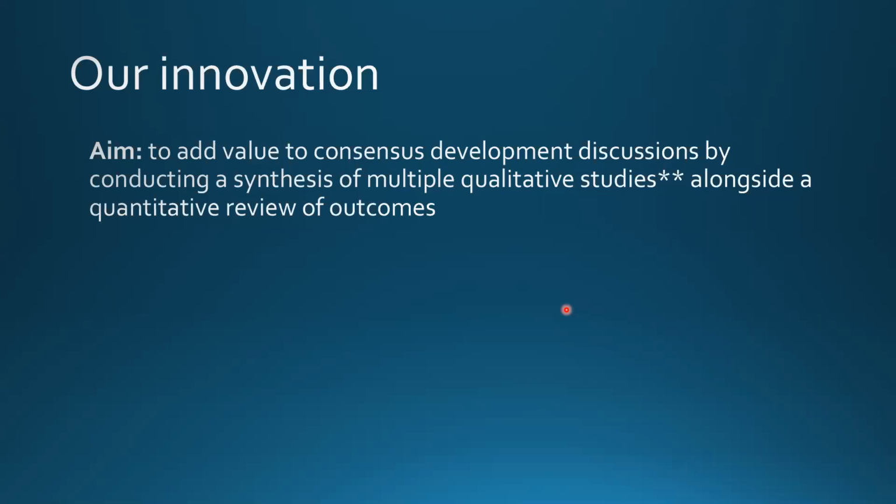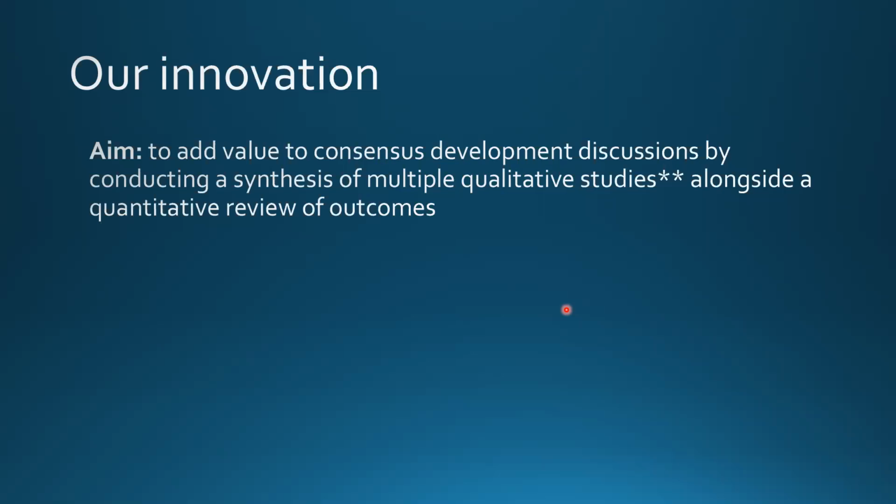But that's expensive, costly, it's time consuming. And so what we thought we'd do is try to add value to the consensus development process by conducting a synthesis of multiple qualitative studies alongside that quantitative review of outcomes.